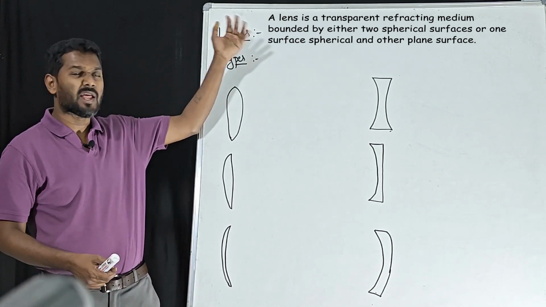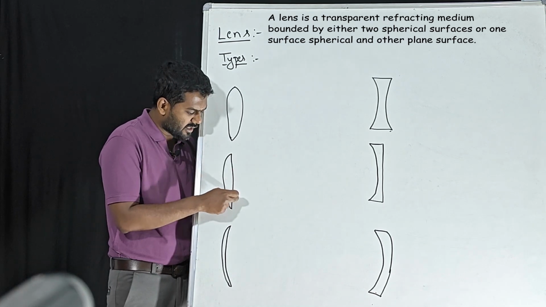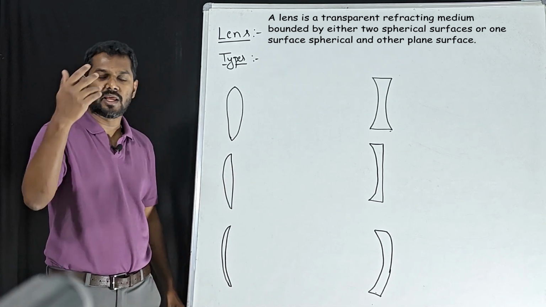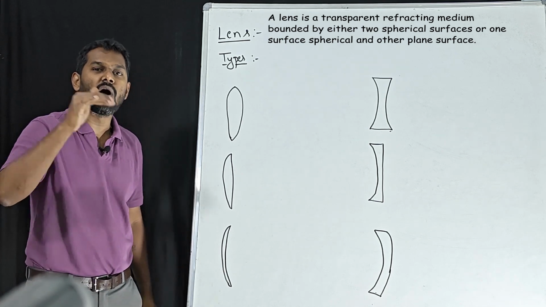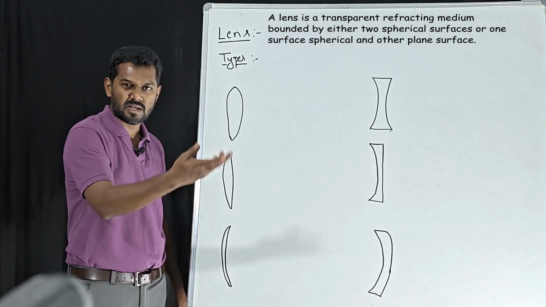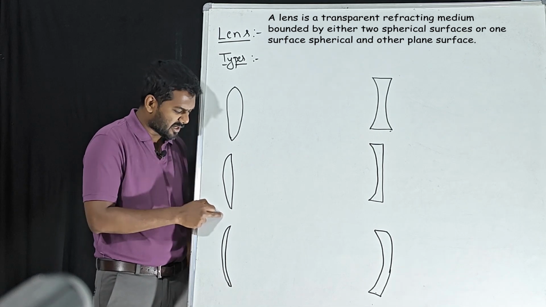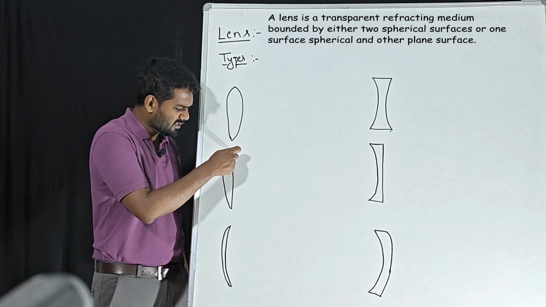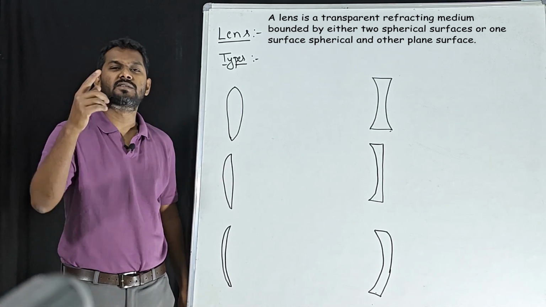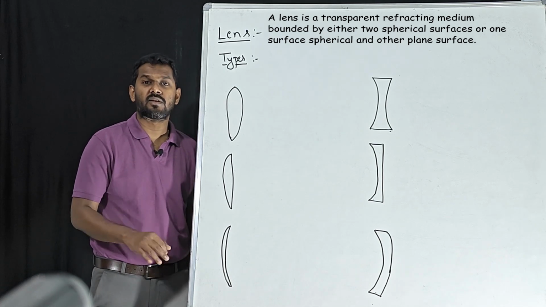Whenever we talk about a lens, there is one note point they have given. If you consider the plane surface as a spherical surface, which we can sometimes do just for an assumption, then the radius of curvature, which we are going to learn in the next slide, will be infinite.